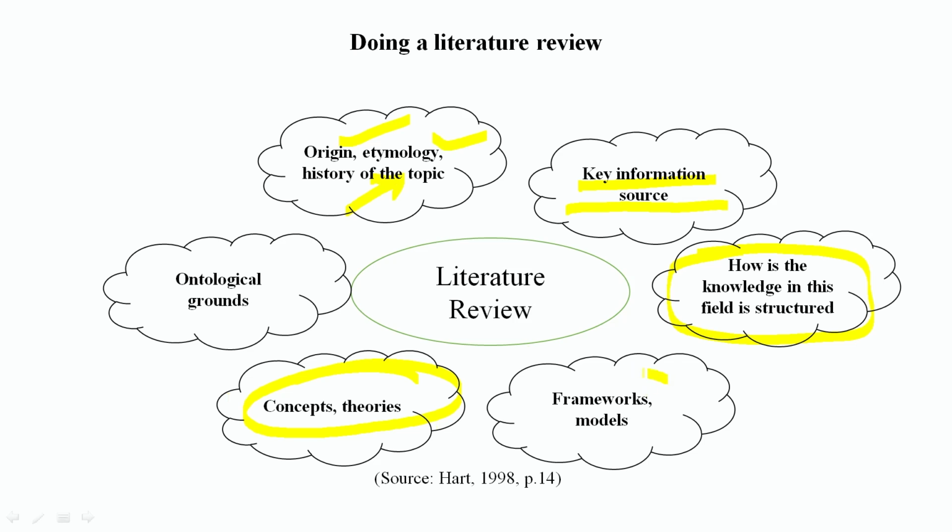You can also find out the frameworks and models, and the ontological grounds about reality, how researchers came to an understanding after conducting their study. So, these insights we can get from literature review.